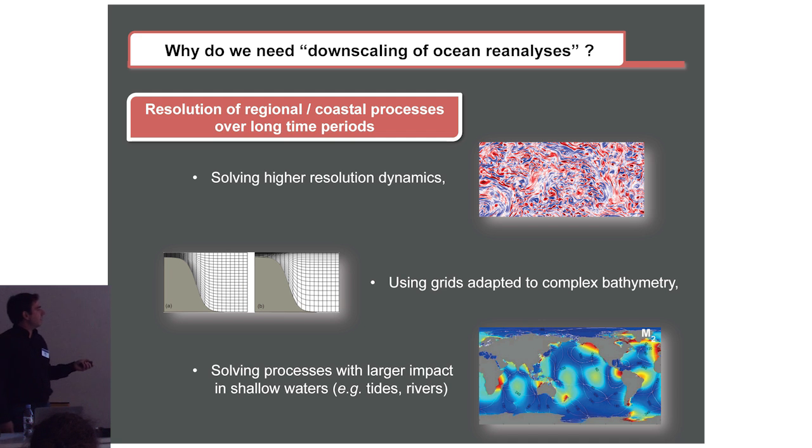The other thing is that when we go close to the coast or in smaller regions, you have a bathymetry which is becoming more complex. And with some sharp gradients of bathymetry, you need to adapt your grid, or to have a grid which is adequate for your domain.